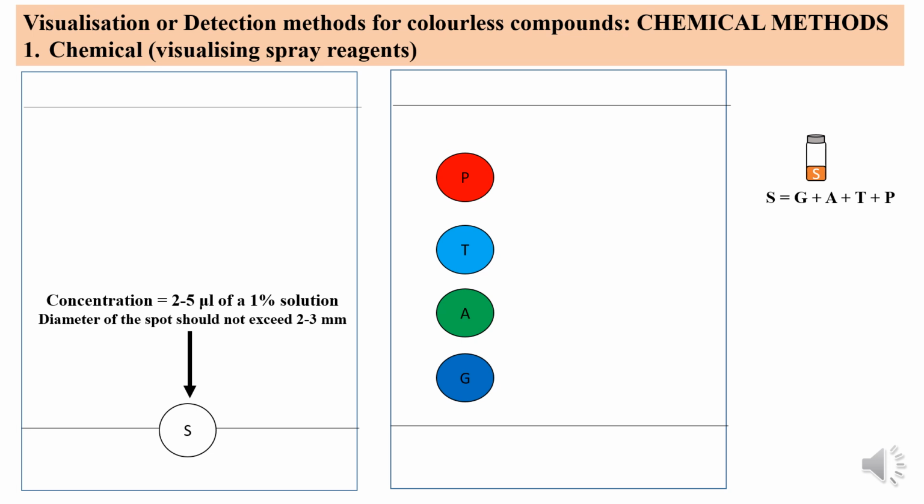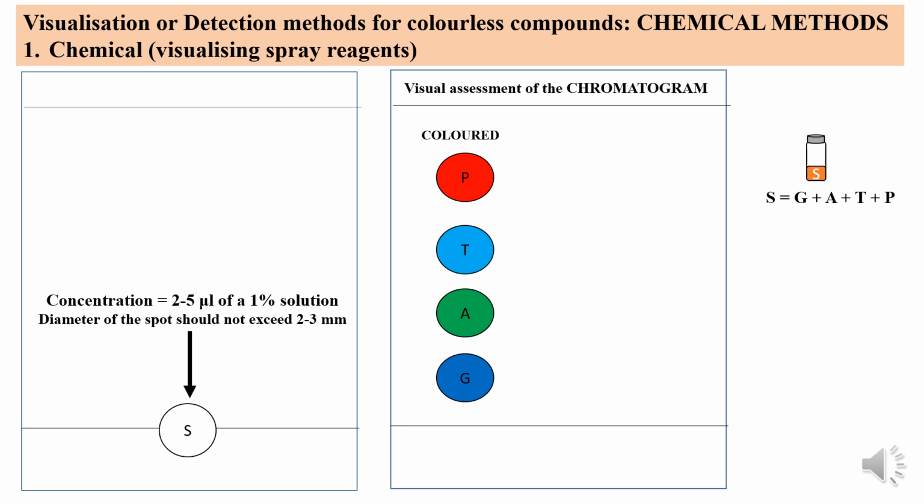Now if the components being separated are naturally colored, if the compounds have a color of their own, then life is made easier for the chemist who is carrying out the separation. Visual assessment of the chromatogram can be done easily, and you can easily identify the spots and calculate the RF values immediately.